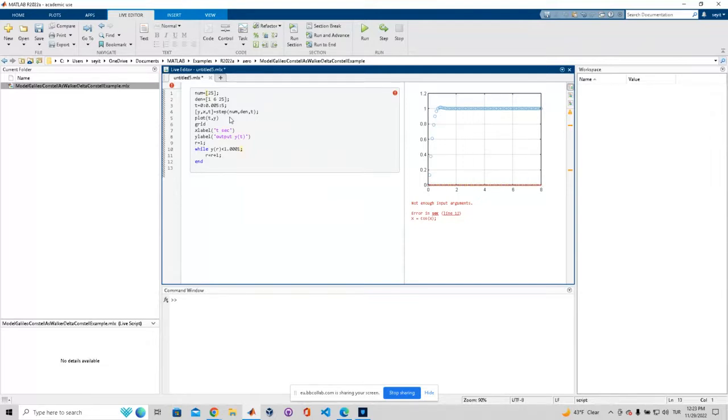Now we're gonna write the formula for the rise time, peak time, and overshoot value. Saying Y max first here. We need to write this in parentheses. Yeah.